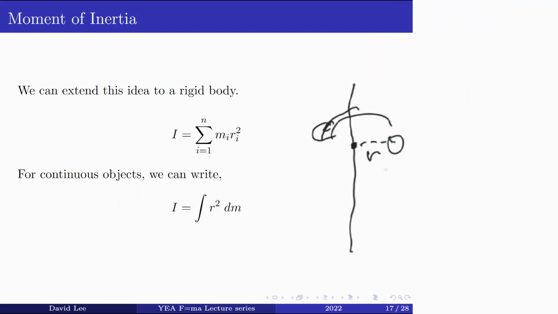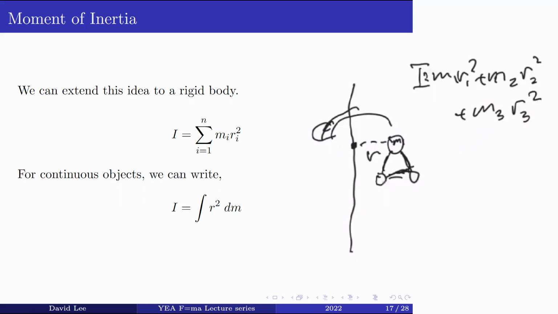Well, this will be our R. Let's say we have a triangle of points, just point masses connected by massless rods. So our total moment of inertia is m1 r1 squared plus m2 r2 squared plus m3 r3 squared, where those are our three masses, these are our three radii, and this is our axis.